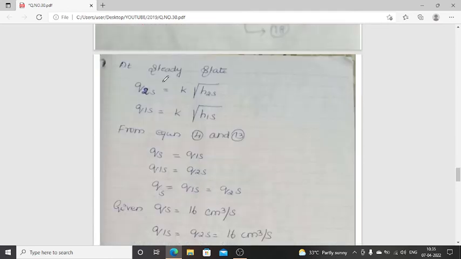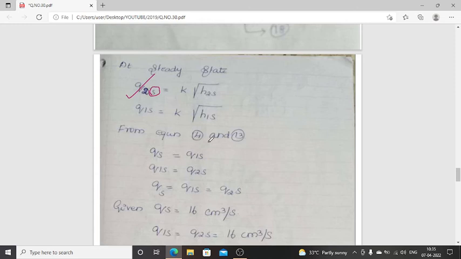So here at a steady state we have some values. Already we have introduced the notation: Q2 is equal to k into root of h2, Q1 is equal to k into root of h1. At a steady state, the notation is subscript s. Okay, s denotes steady state.